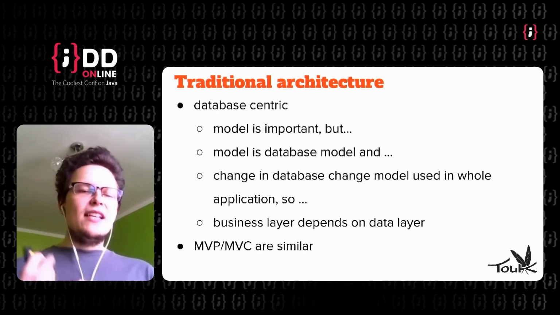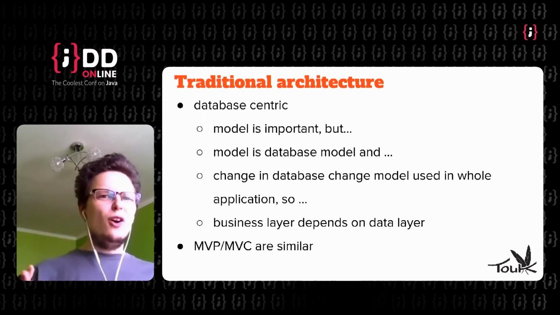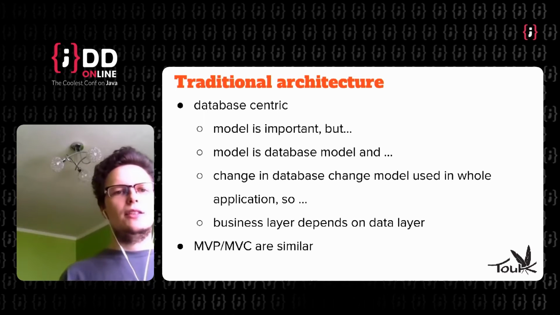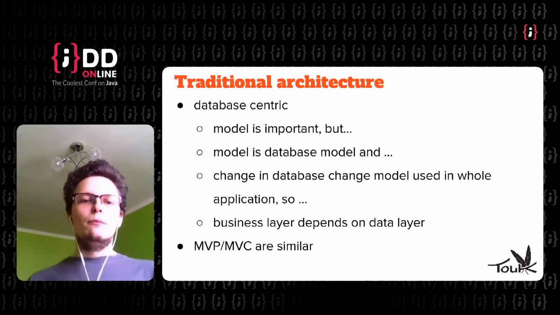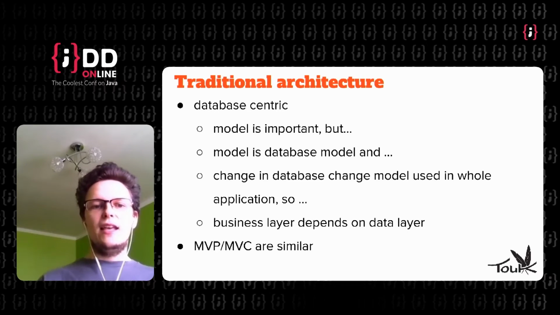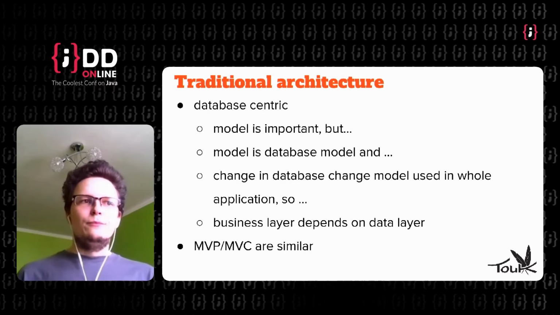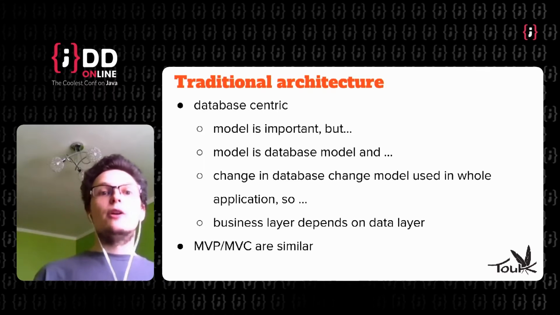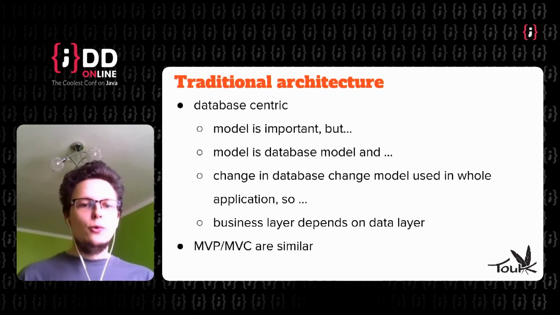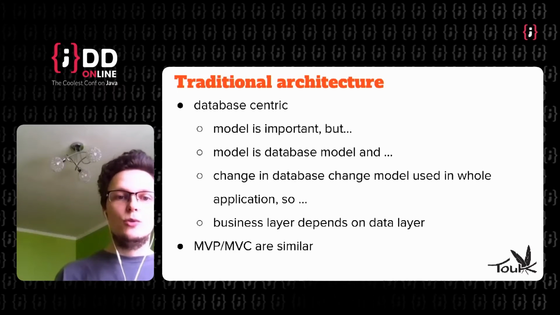Such a traditional architecture is more database centric, because you say my model is the most important part. But the model very often becomes the model of the database. And in such cases, every change in the database affects our business model, and could even affect our business rules. So the business layer depends on the data layer, and probably it shouldn't.